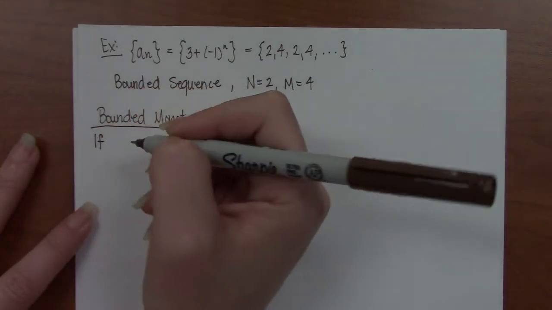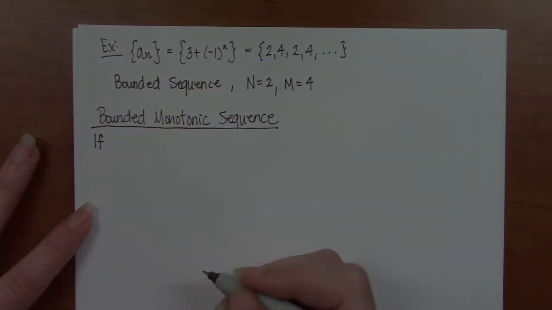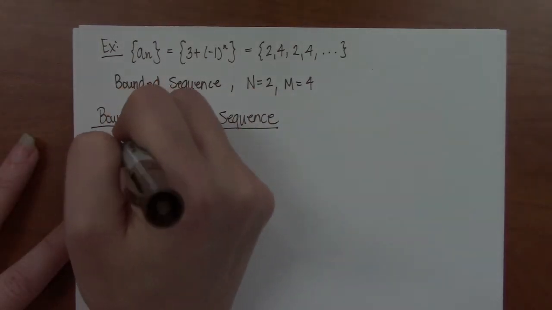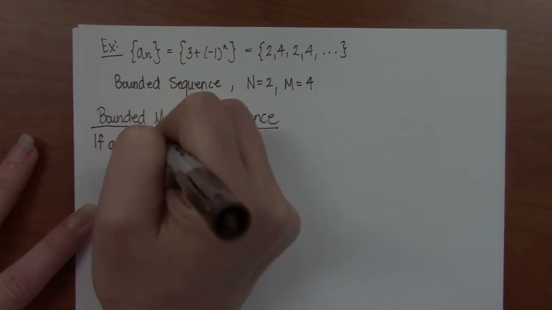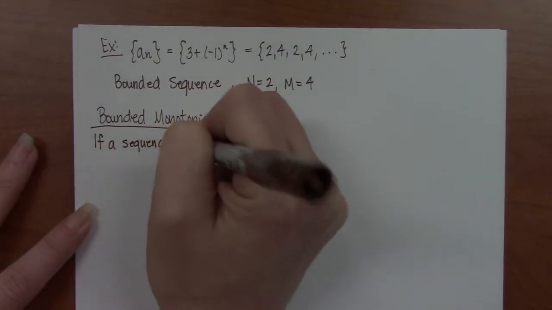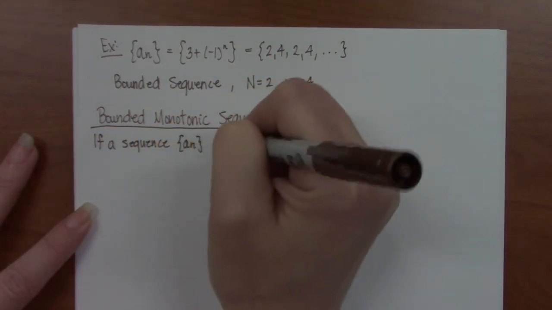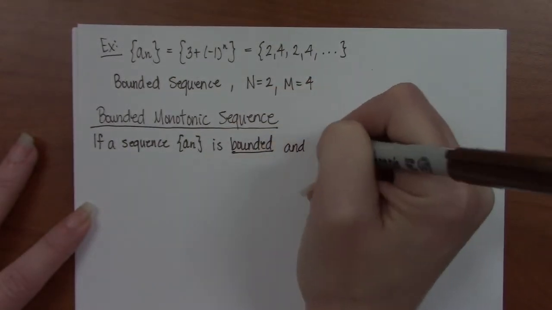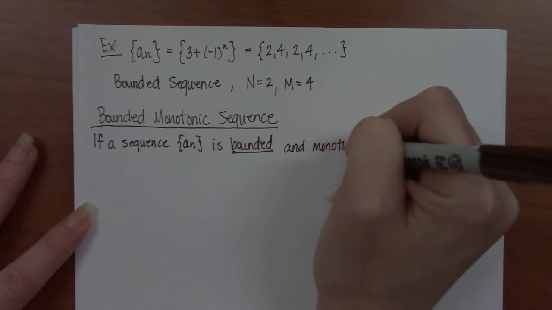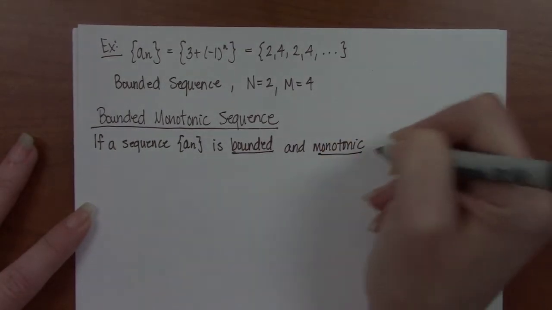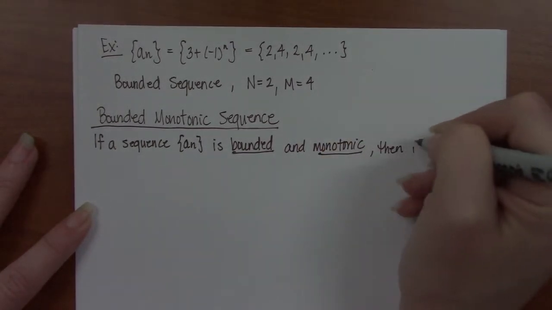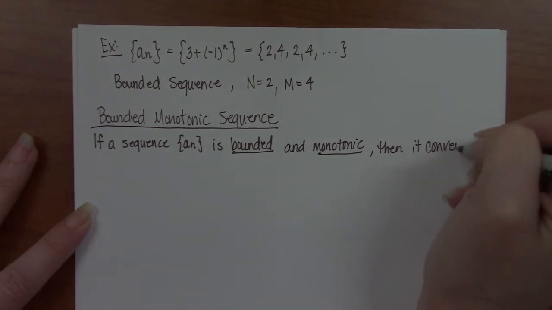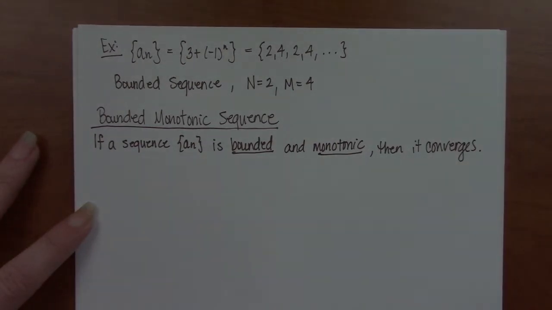If you recognize that a sequence is monotonic and you see that it's bounded, and I don't mean bounded above or bounded below, I mean straight up bounded, so if a sequence a sub n is bounded and monotonic, then it converges.